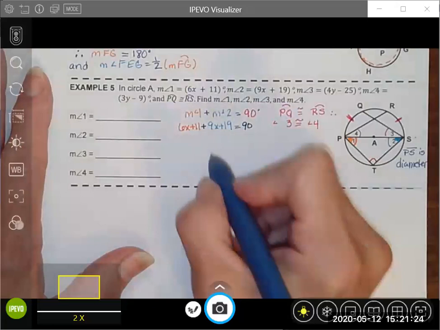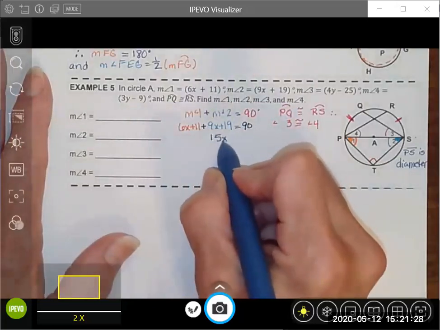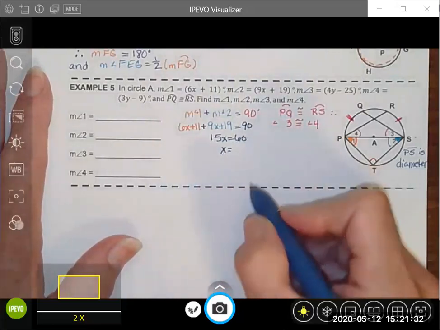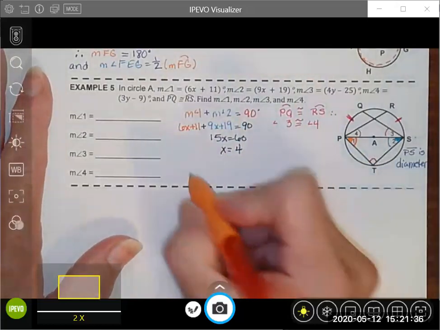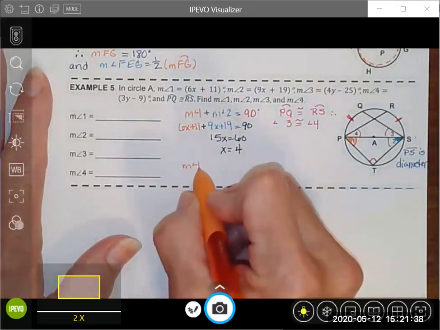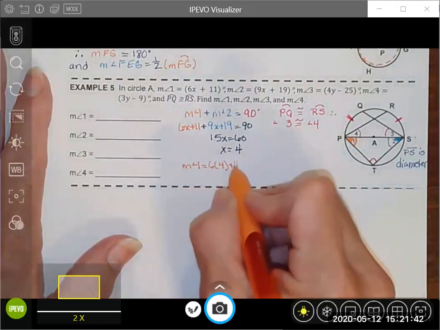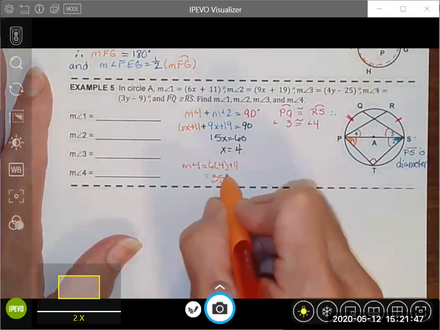I do my algebra here, and I end up with 15x equals 60. X is therefore equal to 4. And when I substitute that 4 back in, I get the measure of angle 1. 6 times 4 plus 11, that comes up to 35 degrees.